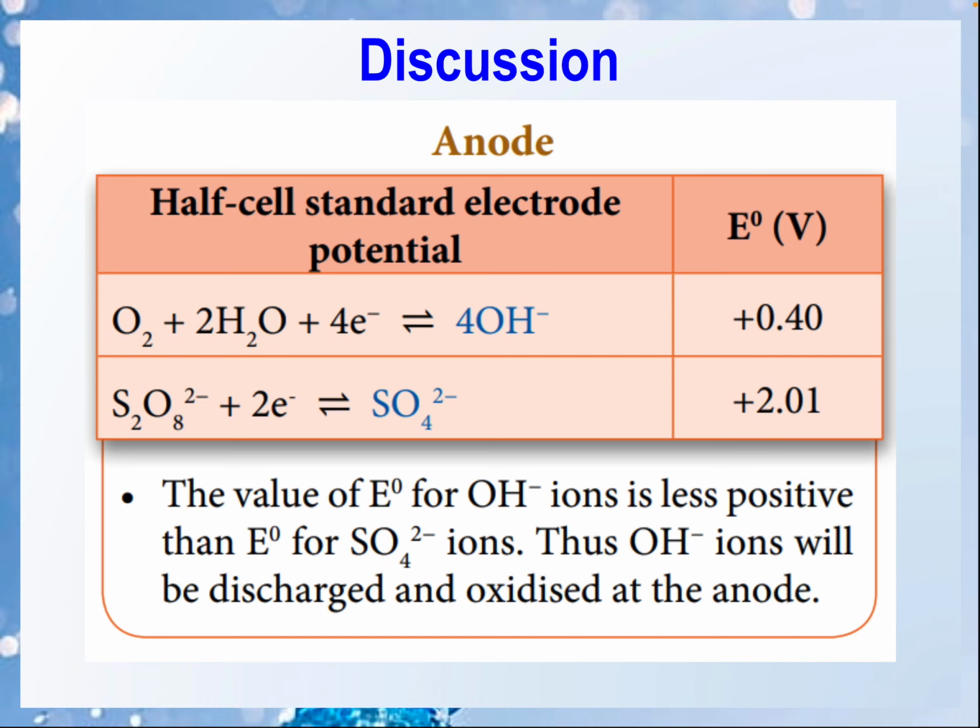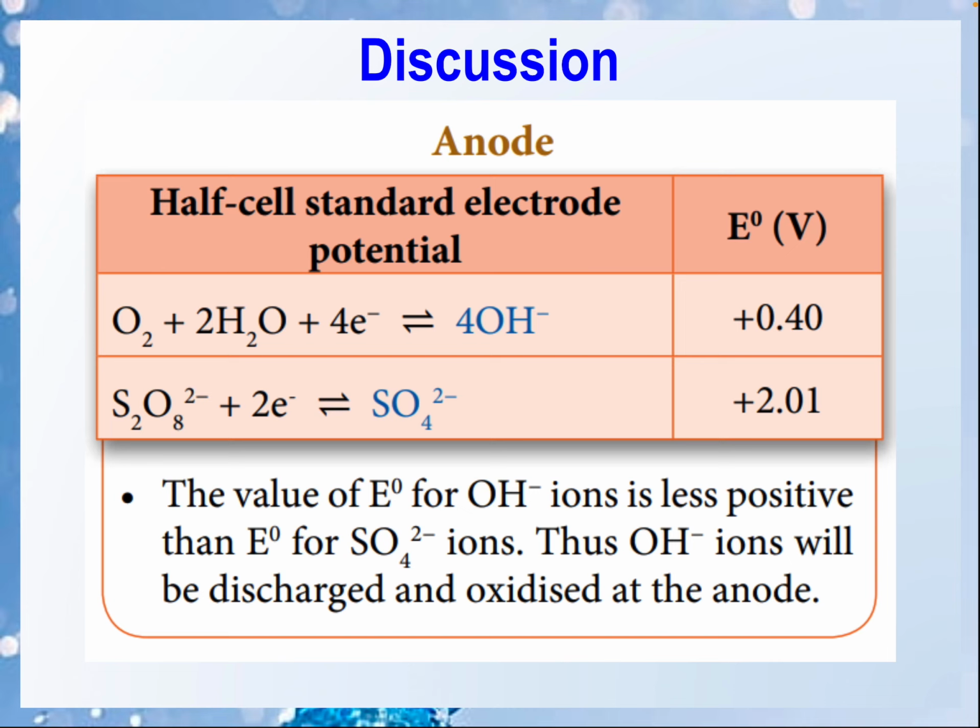So, kalau release elektron, mesti yang bernilai lebih negatif. Ingat tak? Lebih negatif. So, kalau dalam kes ni, 0.40 dengan 2.01, 0.40 tu lebih menghampiri negatif. Maksudnya nilainya lebih kecil. So, bila nilainya lebih kecil, the value of E0 for hydroxide ions is less positive.